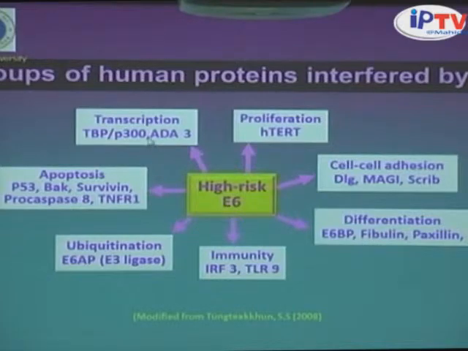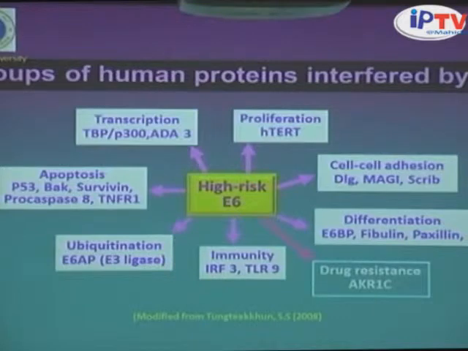For example, proteins involved in transcription, proliferation, cell-cell adhesion, differentiation, immunity, ubiquitination, and apoptosis. The E6 from HPV16 can interfere with all these cellular targets. And now we add one more target of E6, that is the AKR1C. And this will bring the phenotypic change for the drug-resistant behavior.